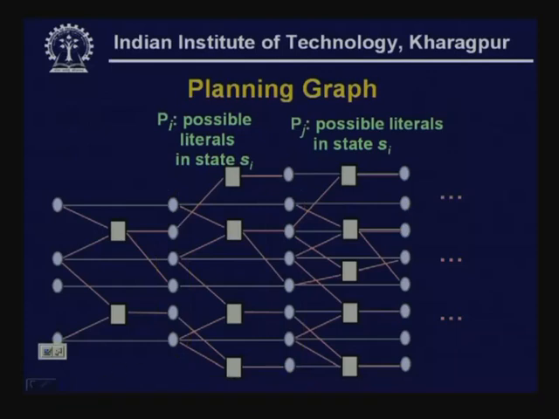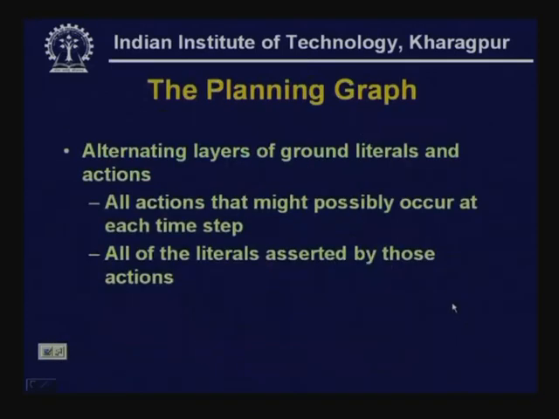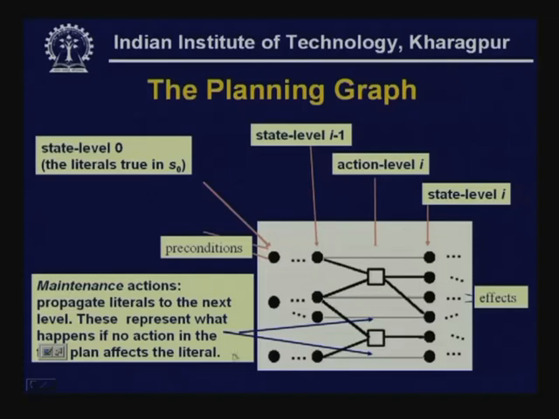So, this is the notation that we will be using. In a planning graph, as we see, there are alternating layers of ground literals and actions. At the action level i, we have all actions that might possibly occur at that time step, and at Pi we have all the literals that are asserted by these actions.